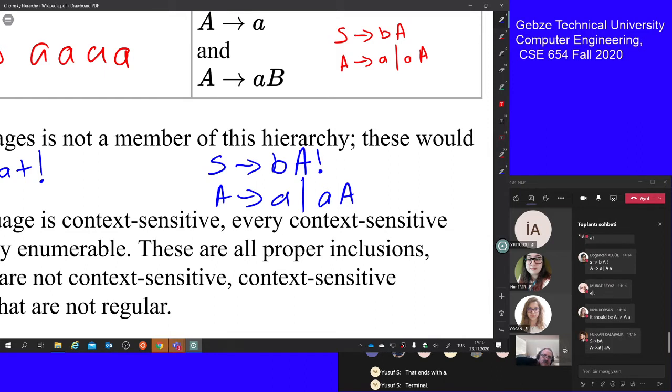So how do I do that? S goes to BA, then an exclamation mark, or AA. Yeah, that should work, right? So I get this one out, and it is either an exclamation mark or AA.